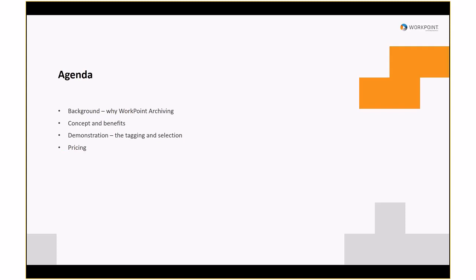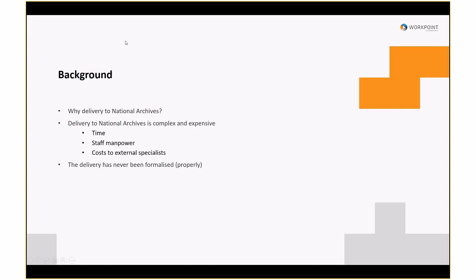So let's just go and have a bit about the background. Why is it that we need to deliver to National Archives? For those of you who are not in public service or semi-public service, National Archives is a thing that most democracies are having, probably all countries.